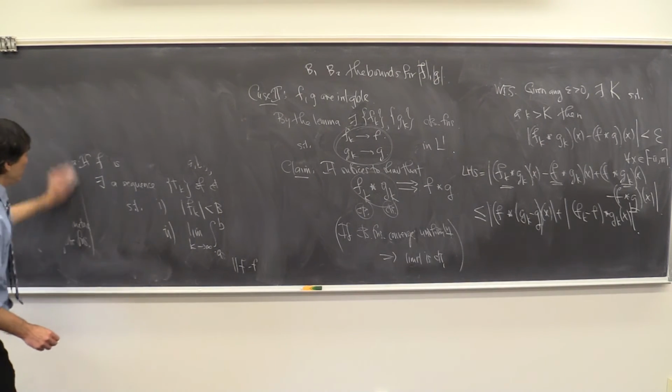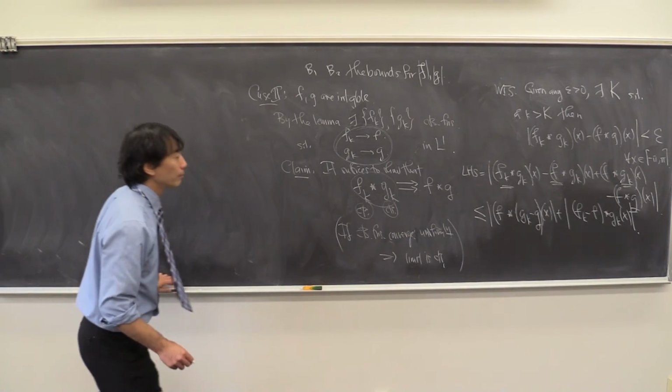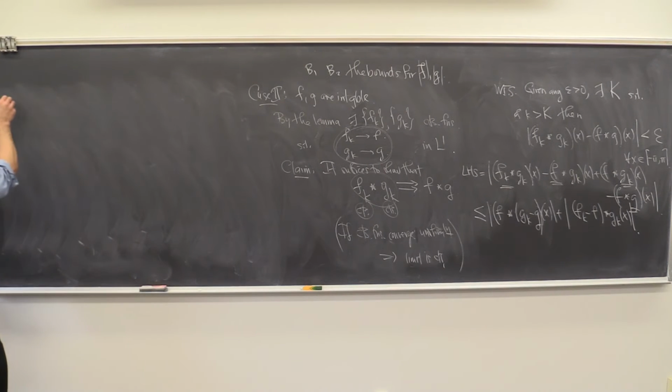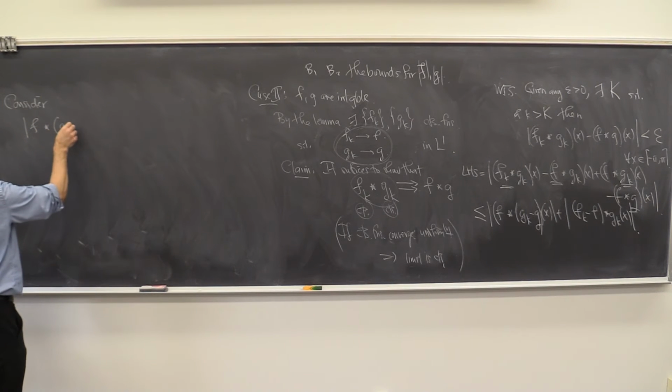Okay, so what do we do? Let's look at the first term. Consider the first term, f convolved with gk minus g.